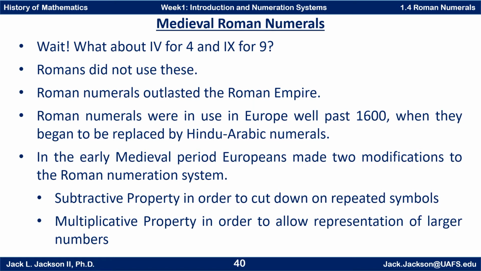At some point during the early medieval period, 2 modifications were made to Roman numerals that took care of 2 problems. They added a subtractive property and a multiplicative property. The subtractive property was added to cut down on the number of repeated symbols, and the multiplicative property was added to allow representation of larger numbers.